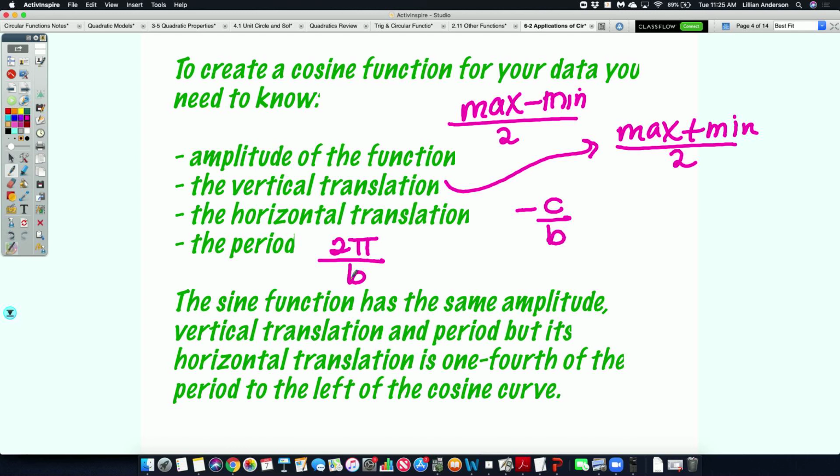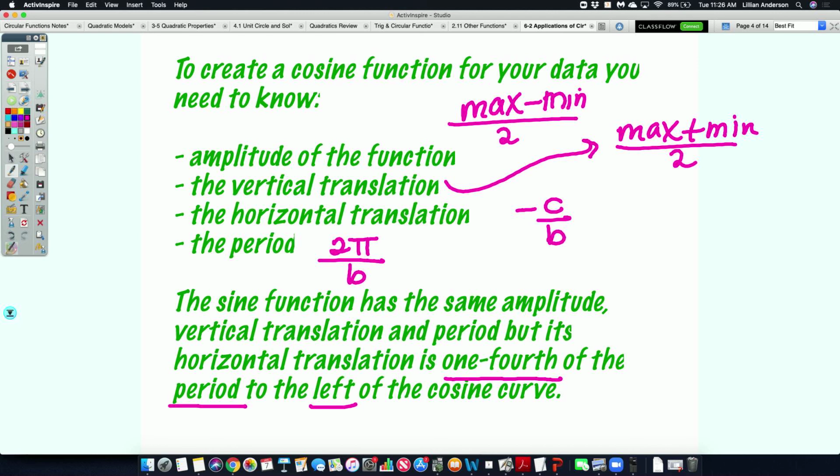Now, if, very random, it does ask you to write a sine function, okay, realize your sine function has the same amplitude, the same vertical shift, and the same period as your cosine function. However, to actually find what that horizontal translation, what that phase shift is, it is 1/4 of the period to the left of the cosine curve.